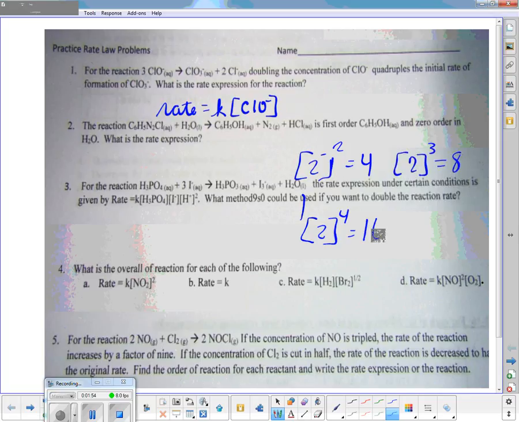Wait, because you have quadruple. Okay, so to the 4th power, that's 4 2s. 2 times 2 times 2 times 2. That doesn't make sense. 2 times 2 equals 4 times like multiple. But I've been getting my math questions right in math.